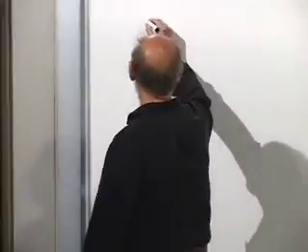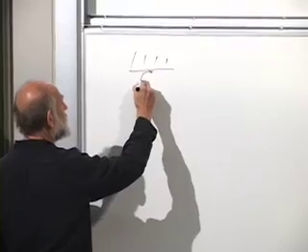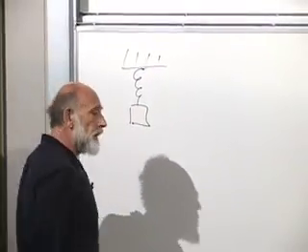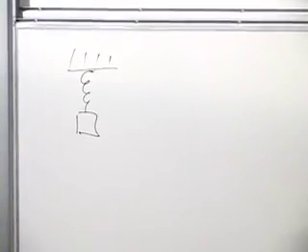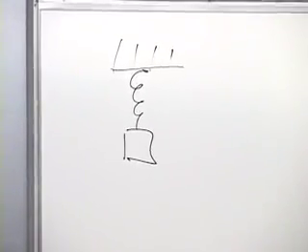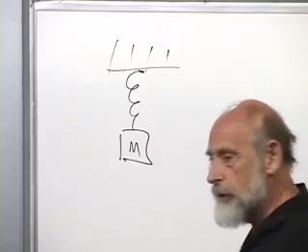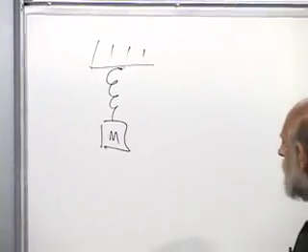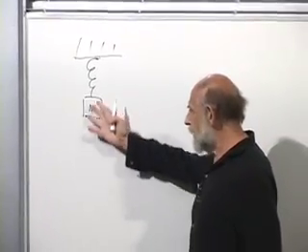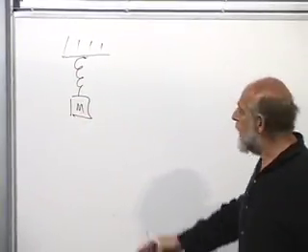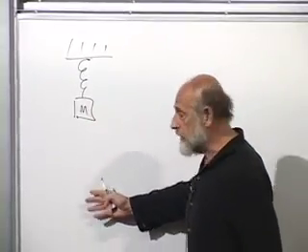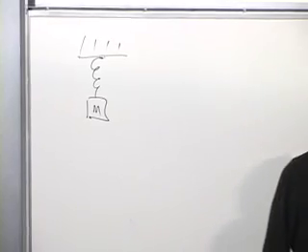Examples are a weight hanging from a spring. The ceiling, a spring, a weight. I think we can prove for the case of an ordinary spring that the mass finds an equilibrium position, at the position in the gravitational field in the vertical place here, where the gravitational force down exactly balances the spring force up.